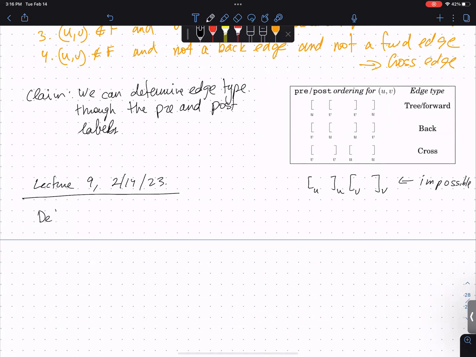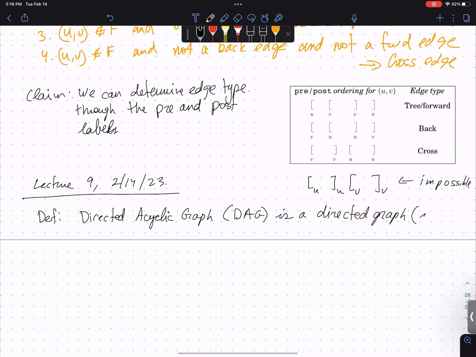First definition, a directed acyclic graph called a DAG is a directed graph, i.e. we will write digraph as short for directed graph, that does not have a cycle.